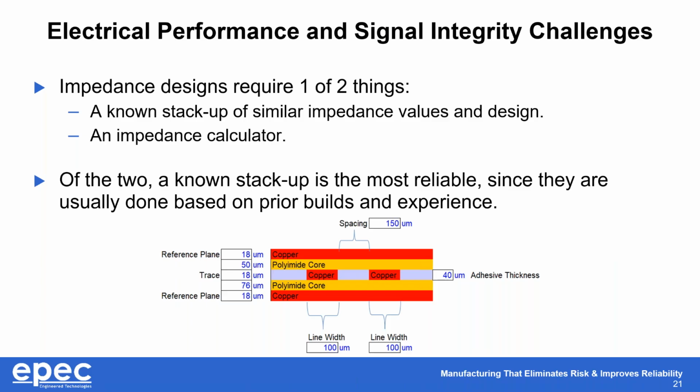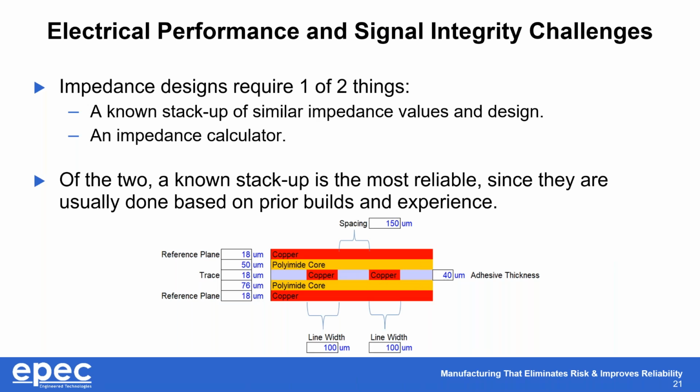Preferably a known stack up, so it's going to have known impedance values, design, trace width, spacing, core thicknesses, copper thicknesses, and it's going to have been manufactured, tested, so on and so forth, until a reliable value has been output. Or you're going to have to rely on an impedance calculator, which is all theoretically correct, but sometimes calculators can be a little tricky and might not hit the nail on the head sort of impedance.